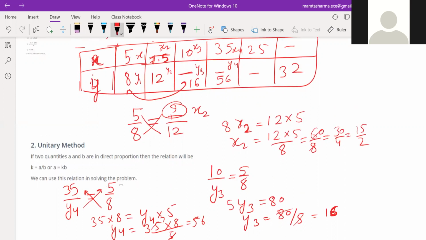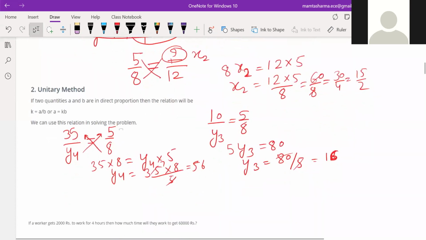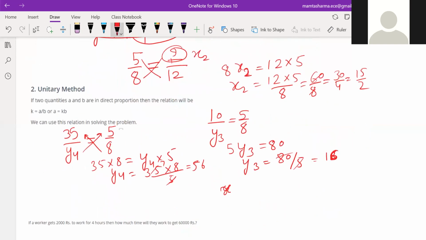Now you have to find out this value. Let's say this is X5, this is Y5. You have to find out Y5. Again, equate this ratio X5 by Y5 to X1 by Y1, 5 by 8. X5 is 25, so 25 by Y5 equals 5 by 8.